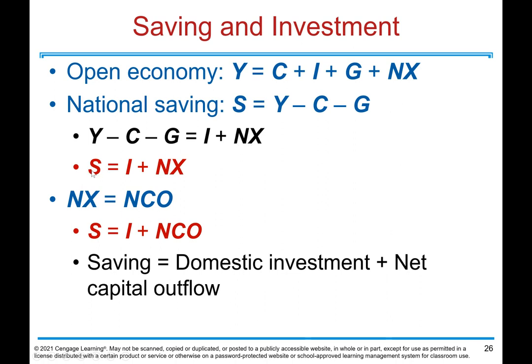So S is equal to I plus NX. NX is equal to NCO. So S is equal to I plus NCO. That is, saving is equal to domestic investment plus net capital outflow.